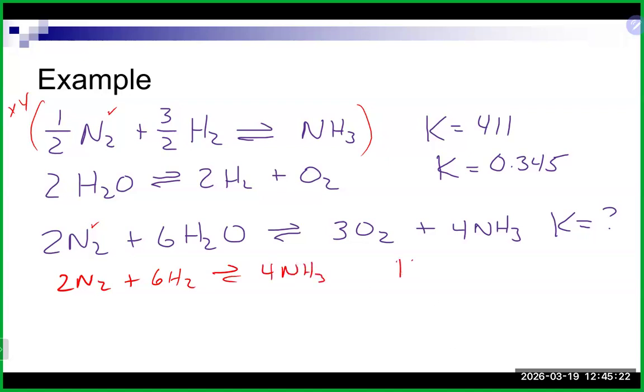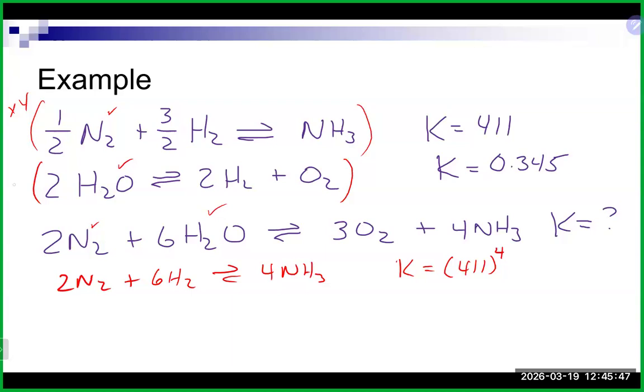Once again, in this case, because I multiplied this by 4, how that affects the K value is, again, we're not going to multiply it by 4, but we're going to take it to the 4th power. So again, that's the important part there. That then means I need H2O on the left, which I do have here. But once again, here I need 6 to end up with. I only have 2.